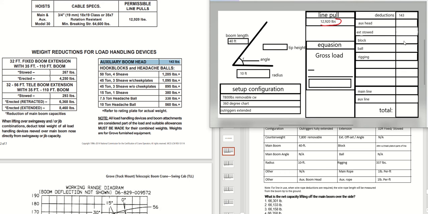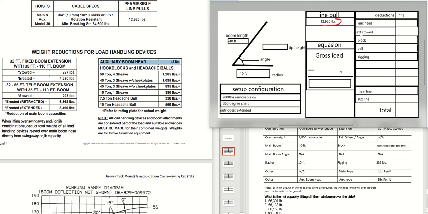Because by the time we get done putting all our deductions in, we're going to total them down here, and it says what is the net capacity, and we're going to put our net capacity right here under your gross load. Your gross capacity is what your crane can pick. Your net load is going to be all of these deductions added up.